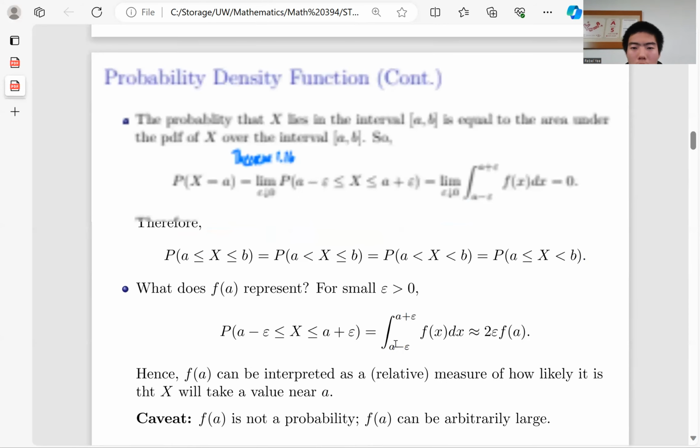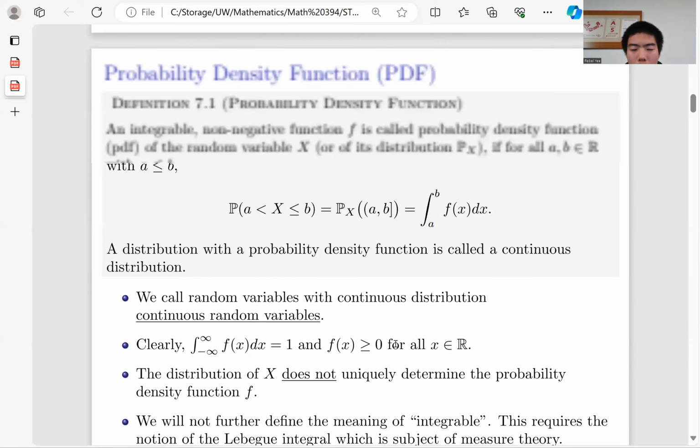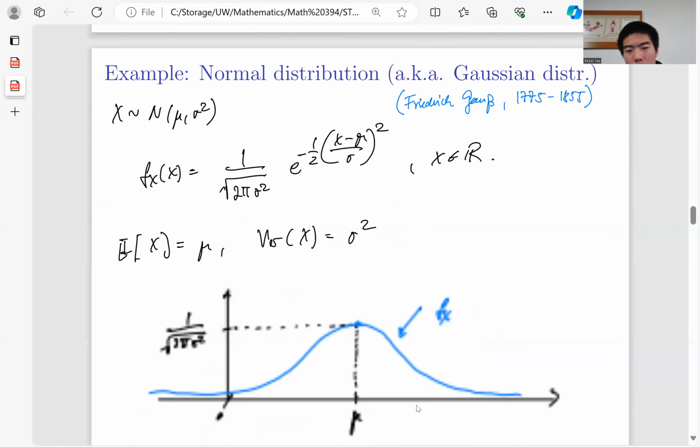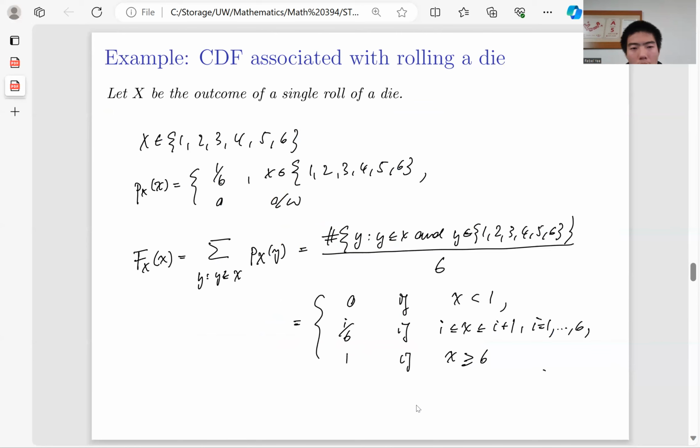Remember, in these cases, if this is a PDF, and we perform an integral over the PDF from negative infinity to a certain value, for example a here, then what we find is the area of this white area. And this area is exactly the probability that the random variable is smaller than or equal to a. So that's the logic behind it.